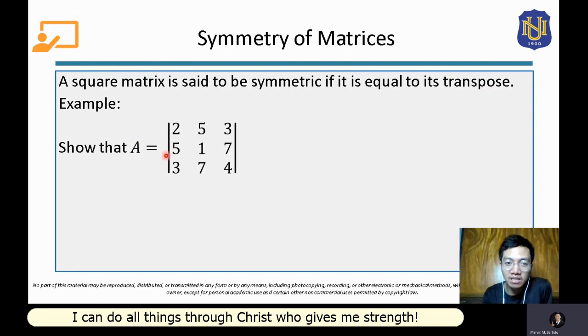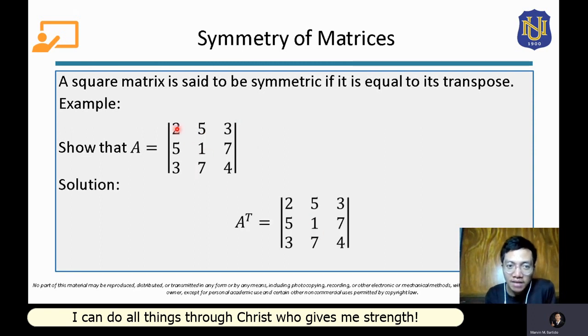So let's say we have your matrix A, and this is a square matrix. And if we solve for its transpose, as we know, this row will just become this column, this row will just become this column, this row will just become this column. Checking this transpose against this square matrix, as you can notice, they are actually the same: 253, 253, 517, 517, 374, 374.